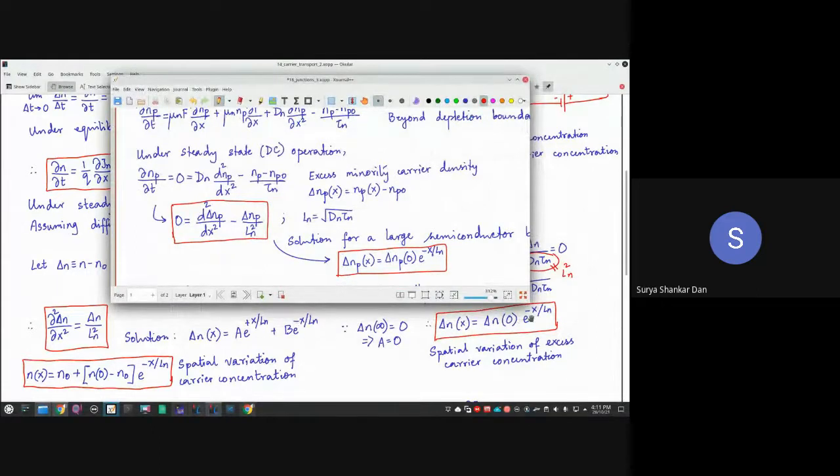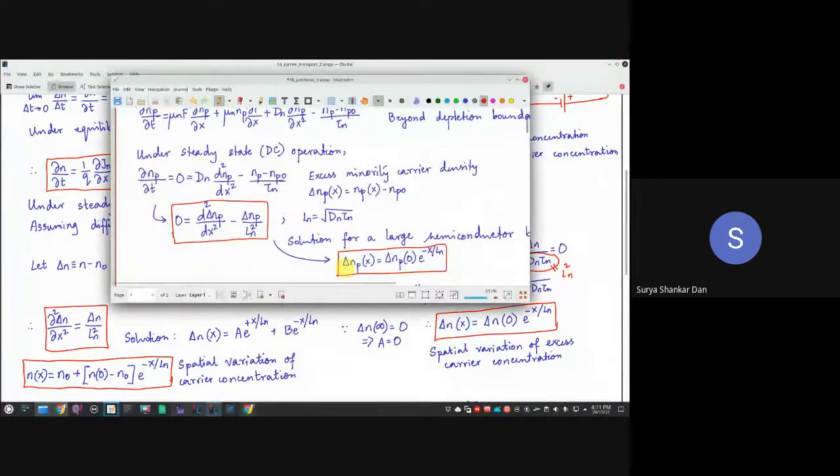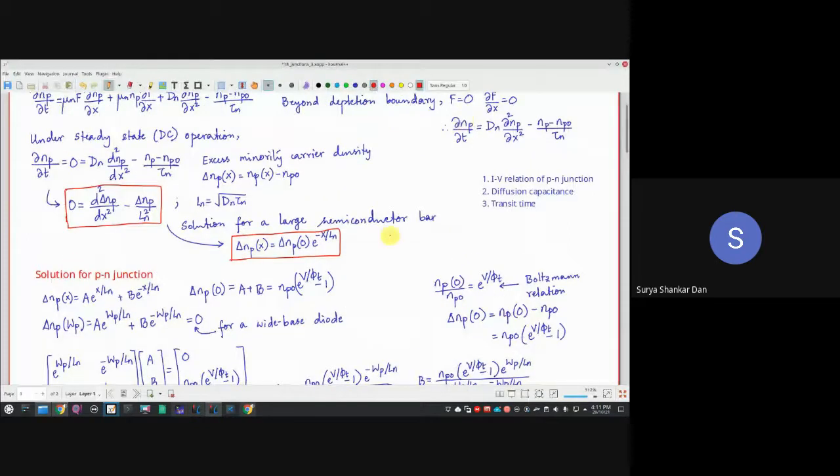The only difference between this and this relation is that I had added one p subscript in both the cases. That means we are speaking about the minority carriers here. This is p side n, so p side electrons. Those are the minority carriers, right? Very good. So this is where our discussion for the semiconductor bar had ended.